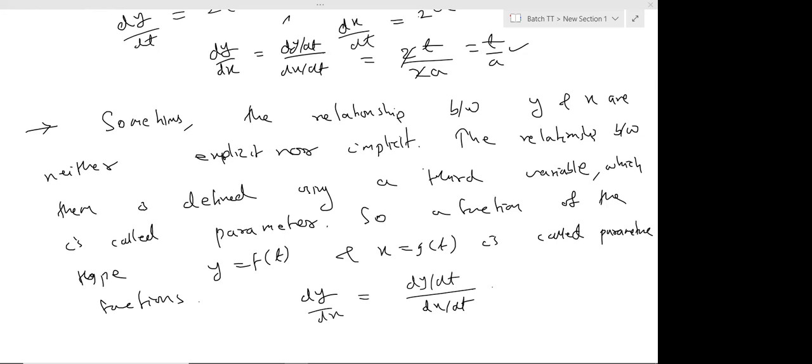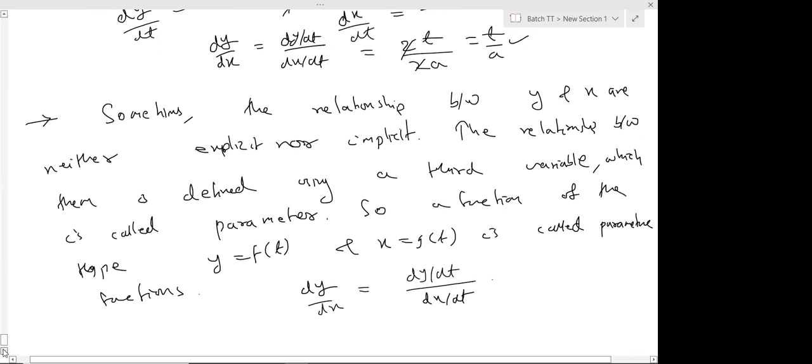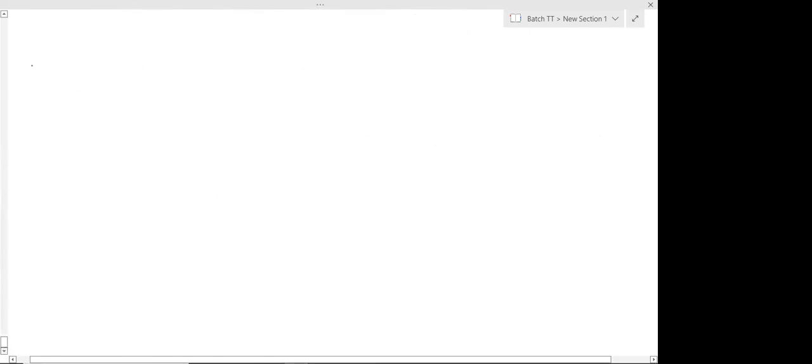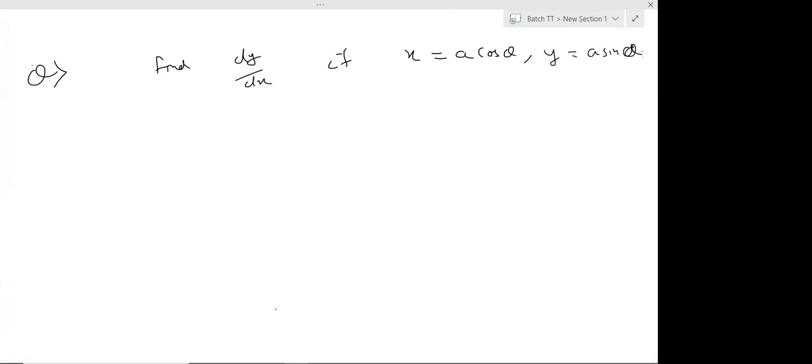All right. So solve a question. Find dy by dx, where x is a cos theta and y is a sin theta. Very simple question. All right. Send me the answer in the chat, and I need all the answers.